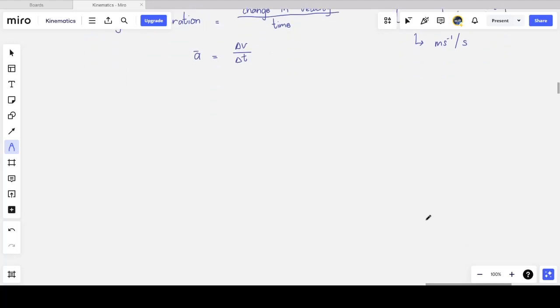Now, for uniform motion, and I'll discuss what uniform motion means, we have a set of equations, and we call them the kinematic equations of motion. Now, why do we use the word kinematic? And where does the word kinematics come from?